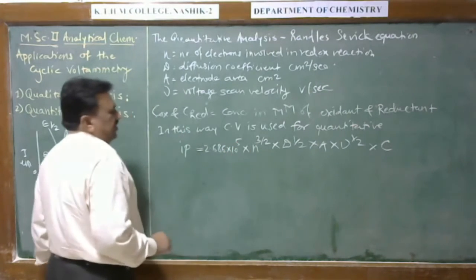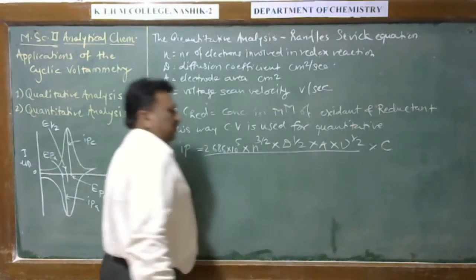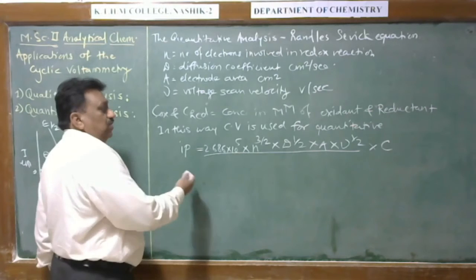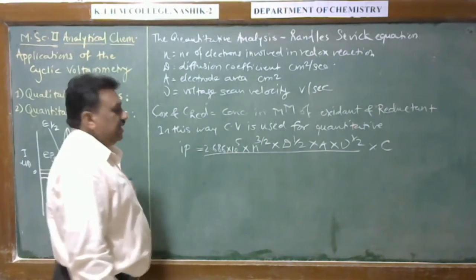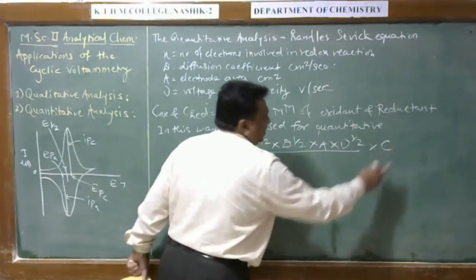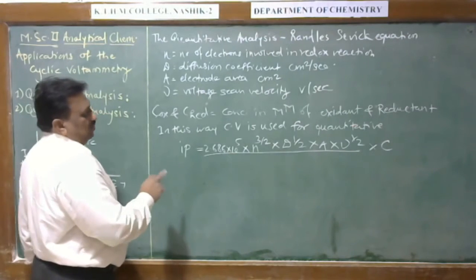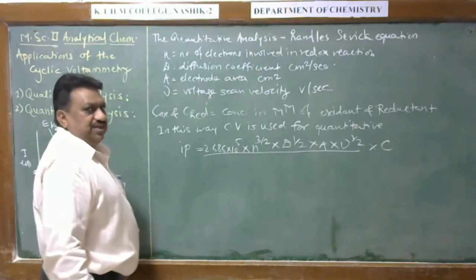In this equation, all these parameters are kept constant for determination of concentration of a particular species. Similar to polarographic analysis, cyclic voltammetry is also a comparative method. Therefore, peak current is directly proportional to concentration of the respective species, and we can utilize that peak current for determination of concentration.